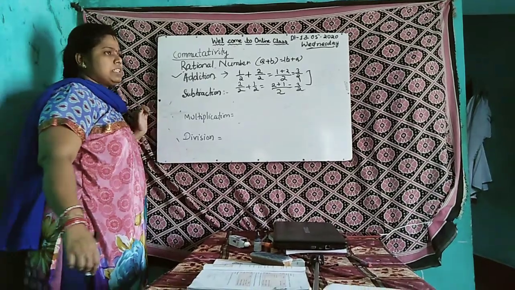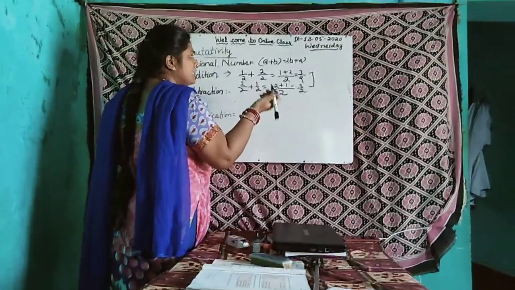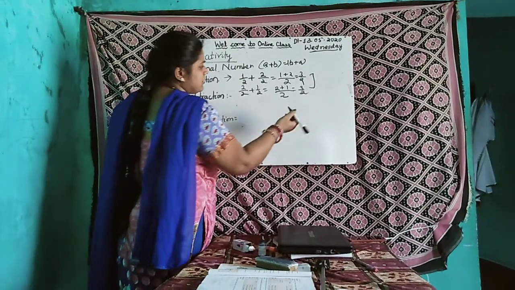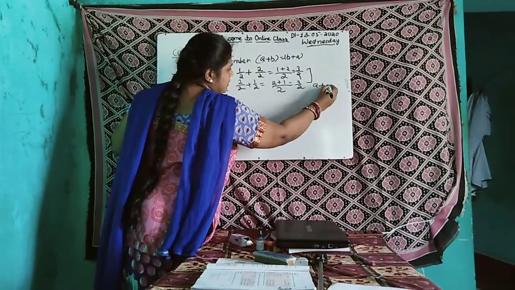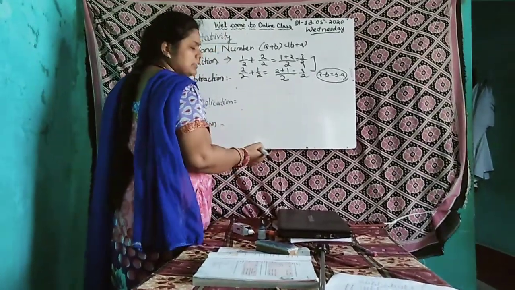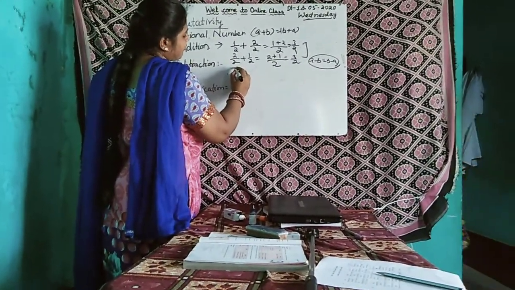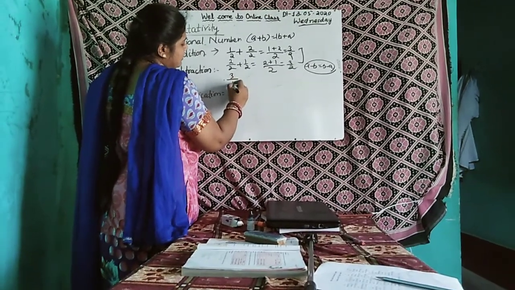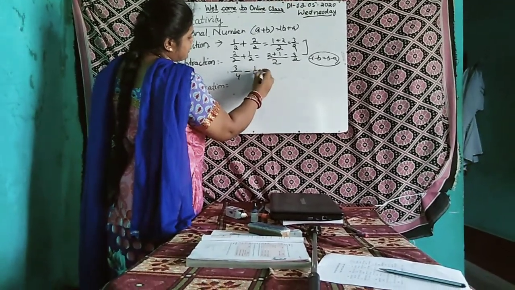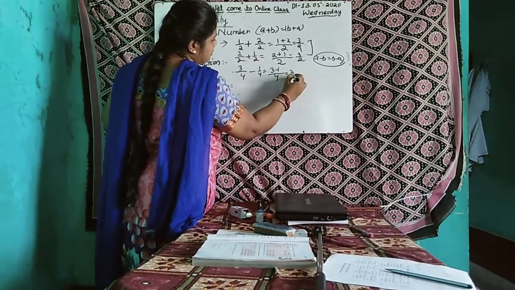Then come to subtraction. Is a minus b equal to b minus a? It will never be. Let's see. Suppose 3/4 minus 1/4, 3 minus 1, that is 2/4.